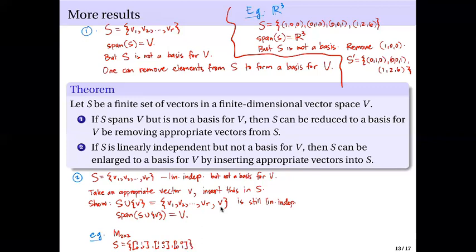This set is linearly independent. Since the dimension of M22 is equal to 4, and this set S only has 3 elements, this is not a basis.